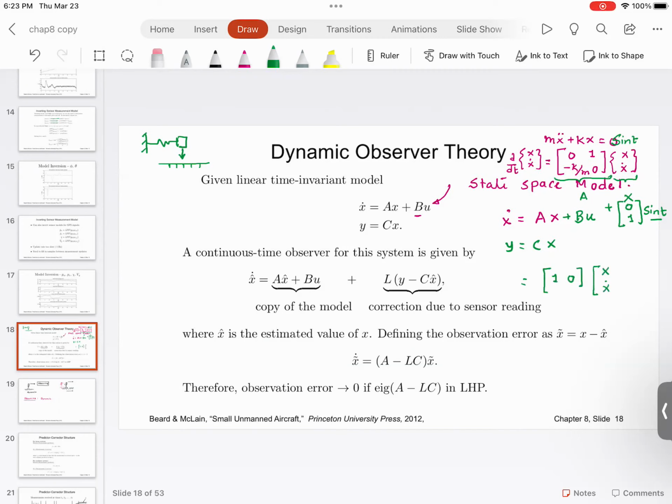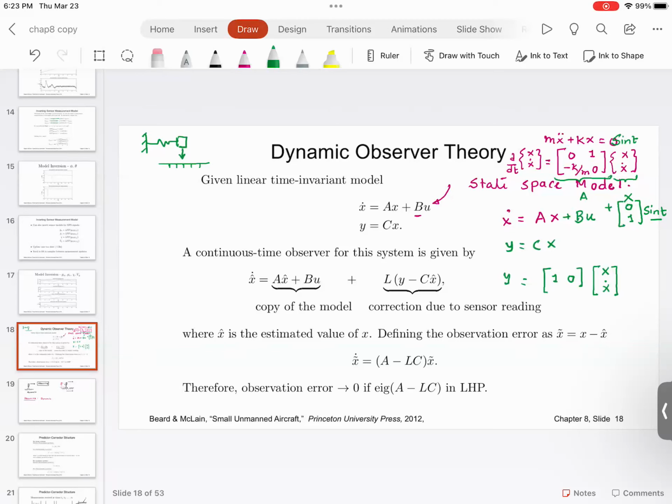times [x, x dot]. Are you with me? So if you multiply first row, first column, I get y, which is the observation, is equal to x. Everyone understood this?